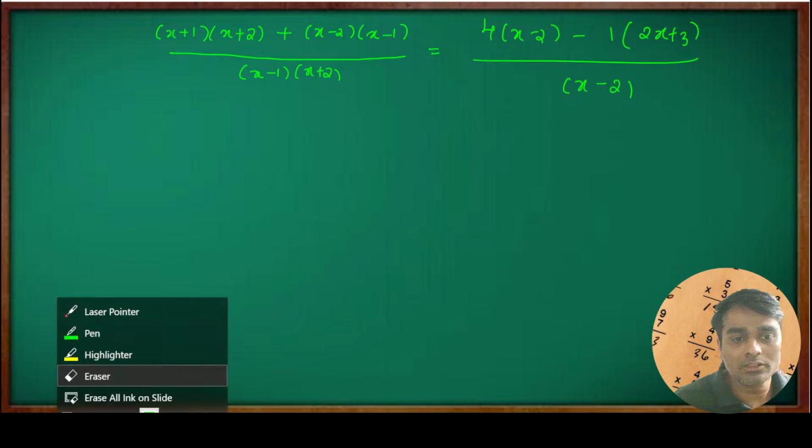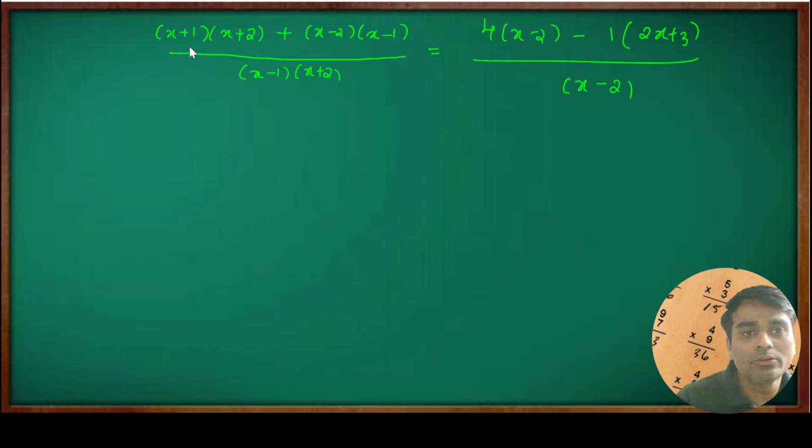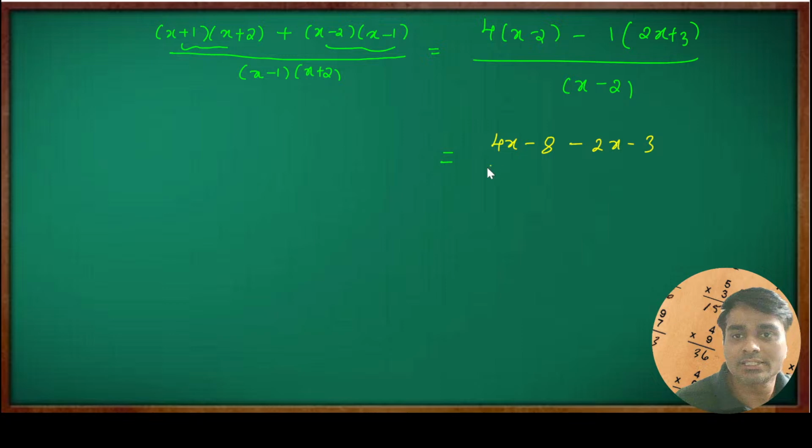After this, you can simplify these things and then again go for crossing once again. On the right side, I will multiply by 4 and this will be 8, then minus 2x minus 3 divided by x minus 2.